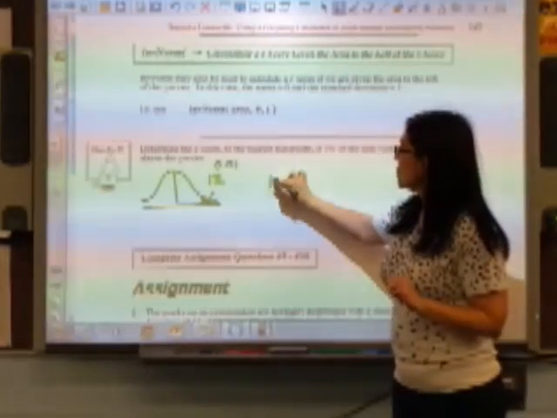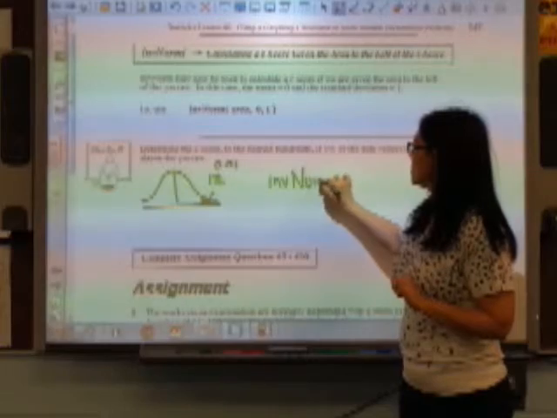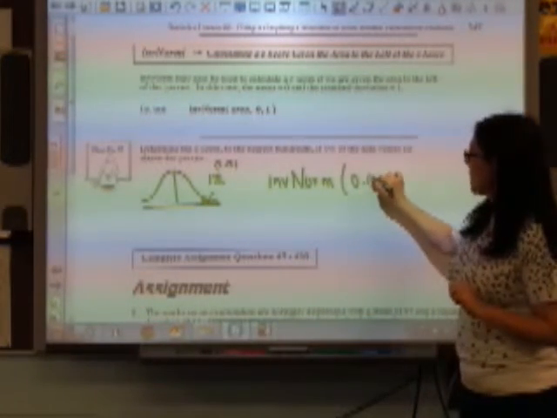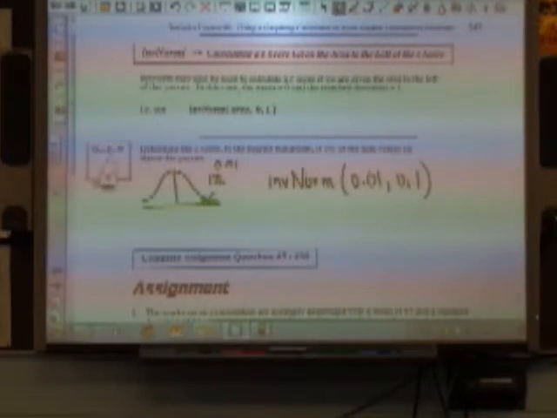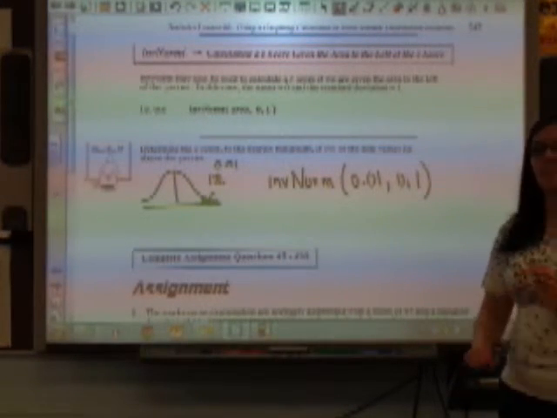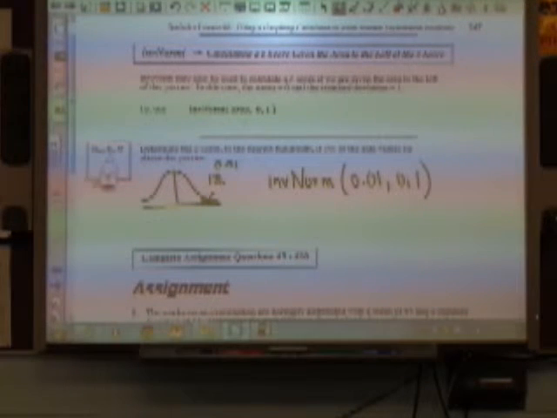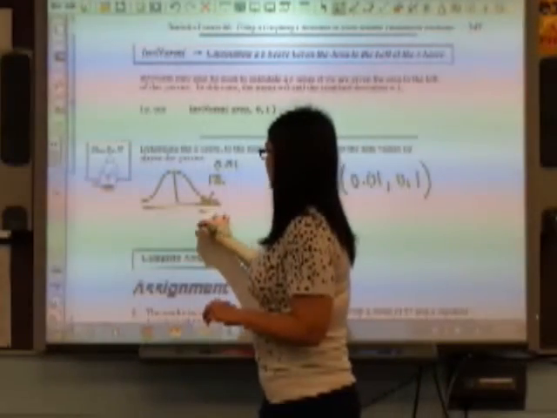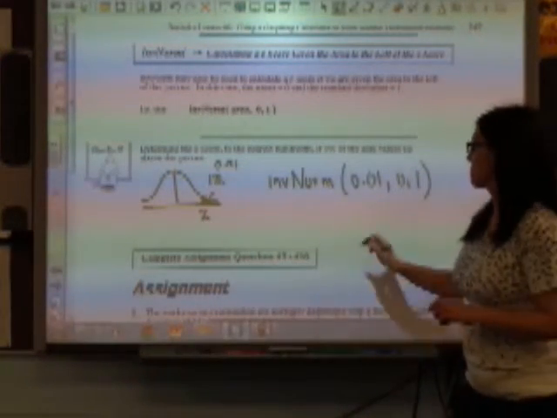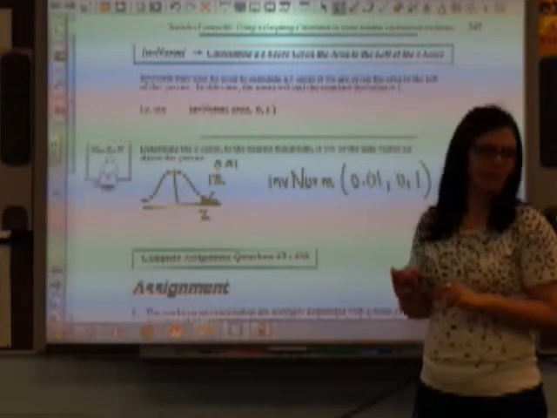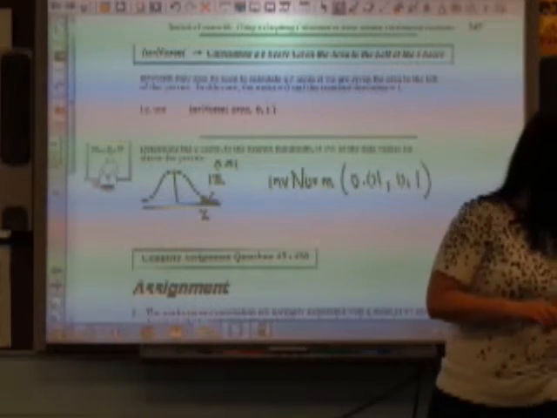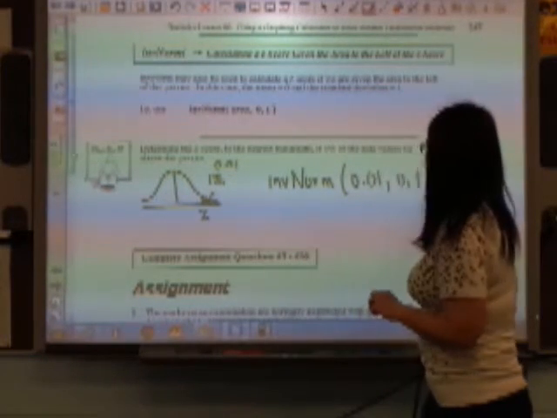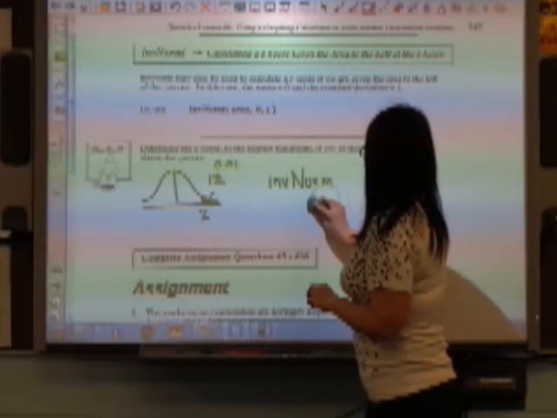So in this case, it would be inverse norm, area of 0.01, with 0 and 1 being my mean and standard deviation. Tell me what you get. Negative 2.3. Oh, sorry. I made a mistake.